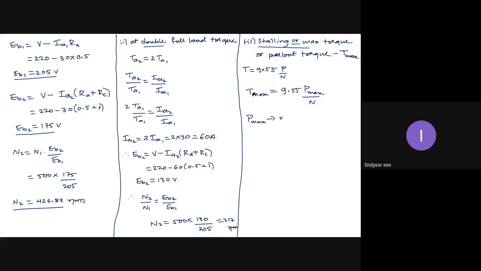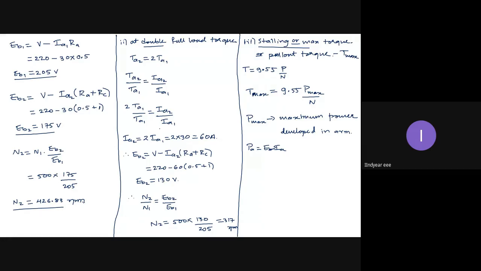It is the maximum power developed in the armature. Now, what is power developed in the armature? PA is equal to EB into IA. This we know.